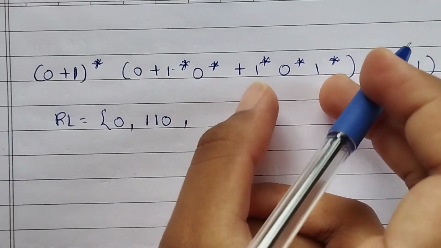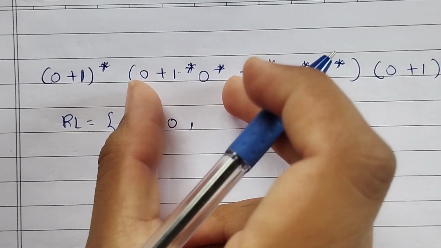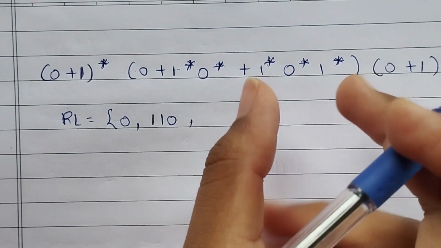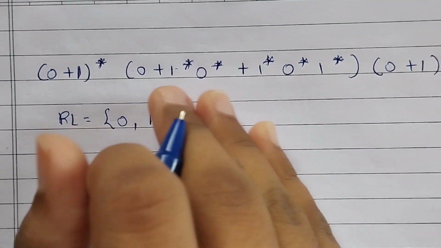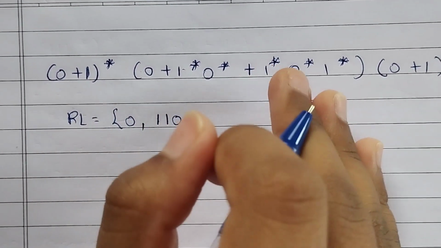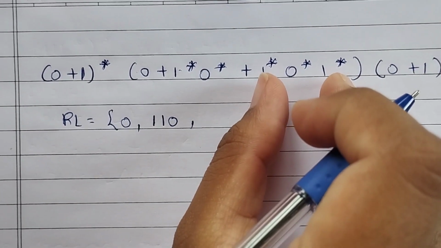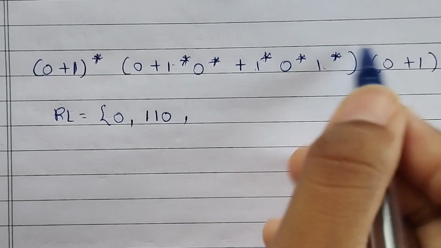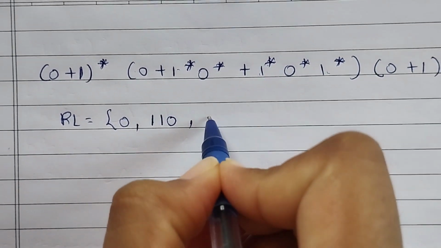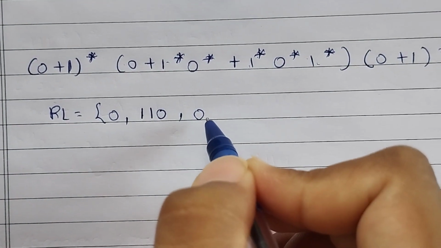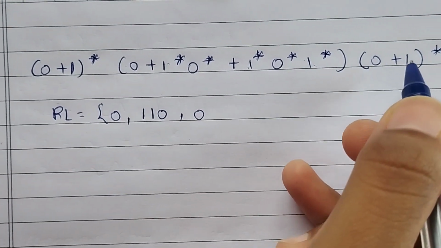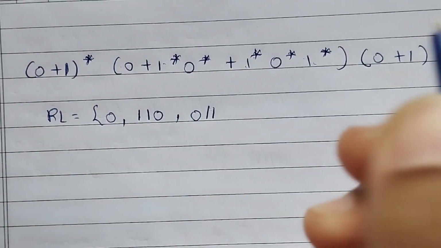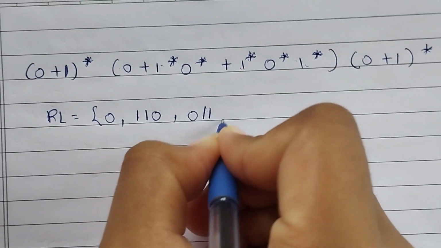And from these three I consider only one string, because this is the OR symbol, so I don't think about the others. From this string I consider 1 star, and 1 star is null, so I only put 0 here. So this 0. Then suppose I take 1 from this string and write 1 two times, this is also a possibility.